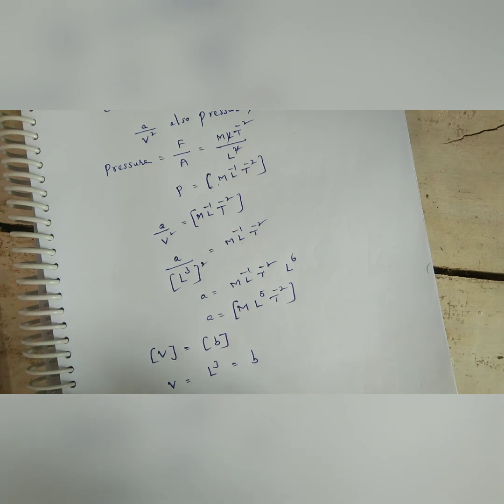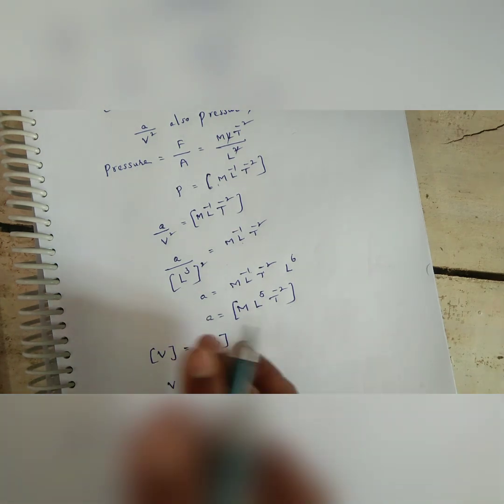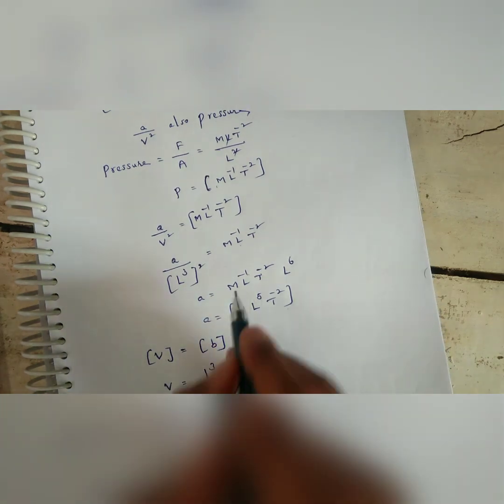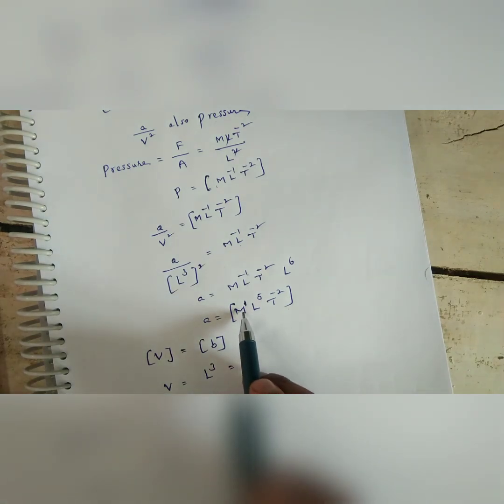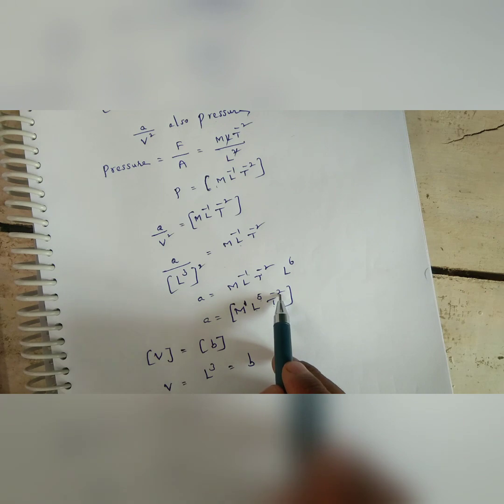And now, what about the dimensions of a and b? Dimensions are nothing but the powers. Remember this carefully. For a, mass has dimension 1, length has dimension 5, time has dimension minus 2.